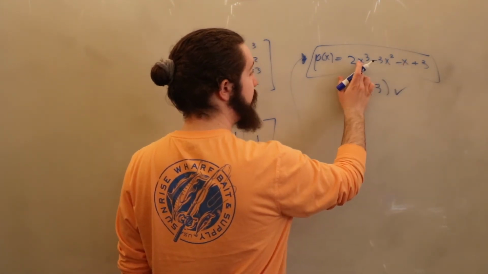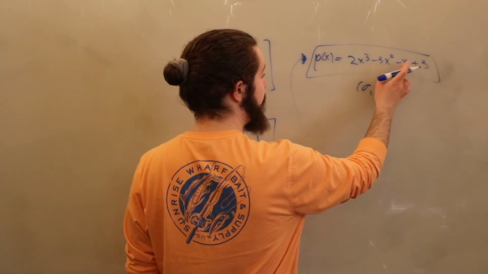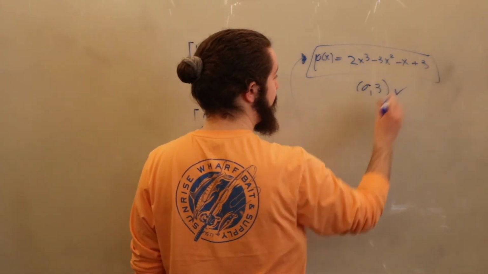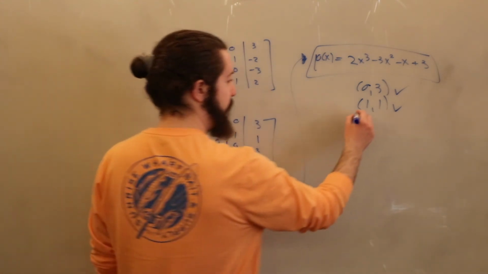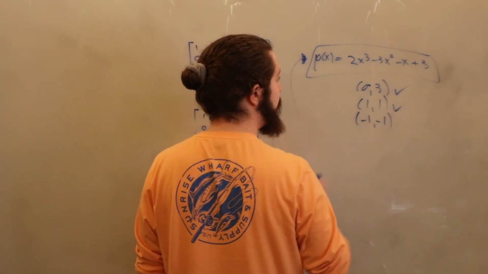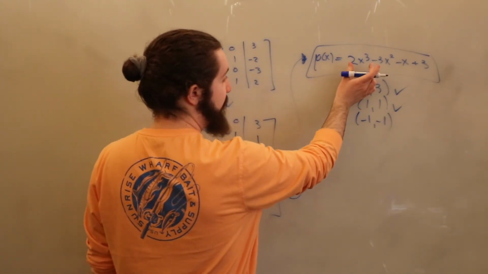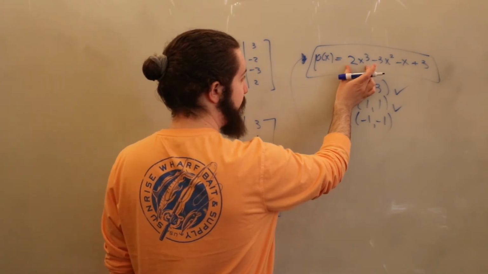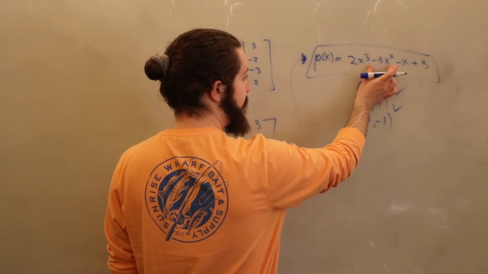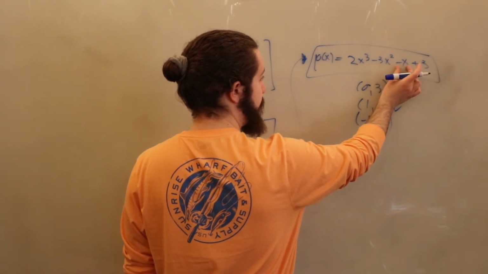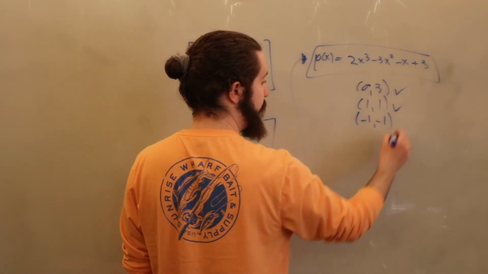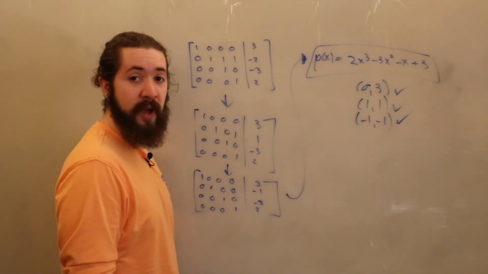We're going to get 2 minus 3, which is negative 1, minus 1, which is negative 2, plus 3, which is 1. We're good. All right, our third point was negative 1, negative 1. So we're going to have negative 2 minus 3 is minus 5, plus 1 is minus 4, plus 3 is negative 1. We're good on that point.